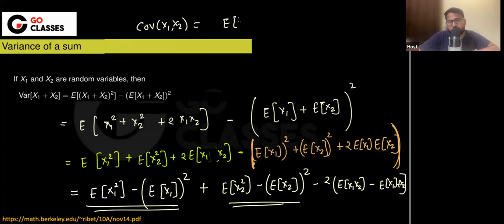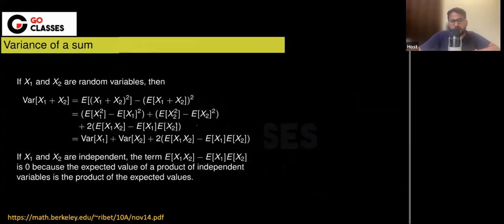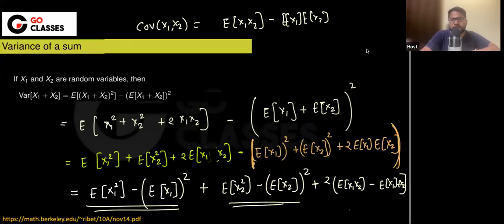This is expectation of x1 x2 and then minus expectation of x1 into expectation of x2. So this is covariance, right? So this is variance of x1 plus variance of x2, and then this is covariance. You can see here, that's how you can easily prove it. Using the expansion you can prove it. You just expand it and then you can prove it.